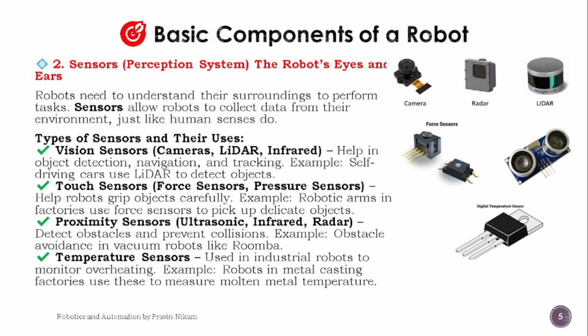They detect obstacles and prevent collisions, for example, obstacle avoidance in vacuum robots like Roomba. Then temperature sensors are used in industrial robots to monitor overheating. For example, robots in metal casting factories use these to measure molten metal temperature.